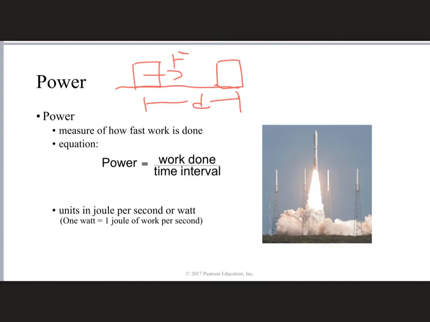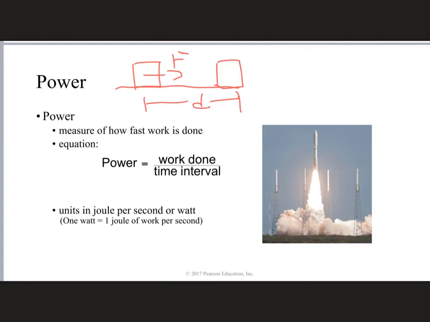Now, I can move that block fast or slow. In other words, the amount of time it takes for the block to go from where it starts to where it ends up can be different, depending on how fast the block is moving when I apply the force. So, what that means is that you can get the same amount of work delivered, but the time over which the work is delivered changes.